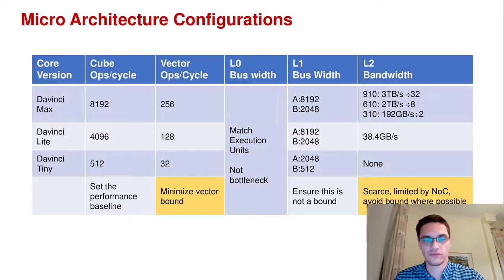The range of operations performed by the vector unit also varies between architectures, being minimum for Tiny and maximum for DaVinci Max. The sizes of L1 and L2 buffers are also different.